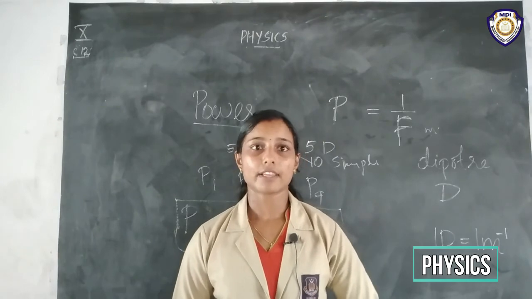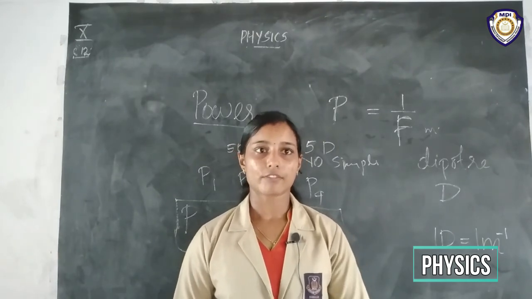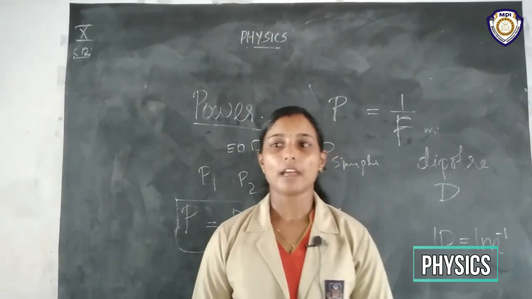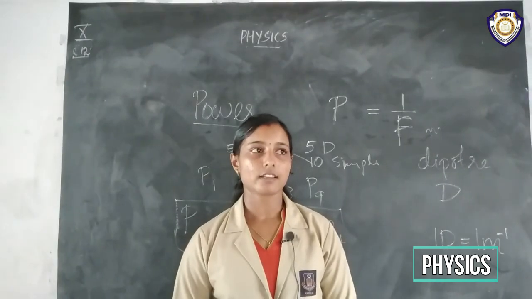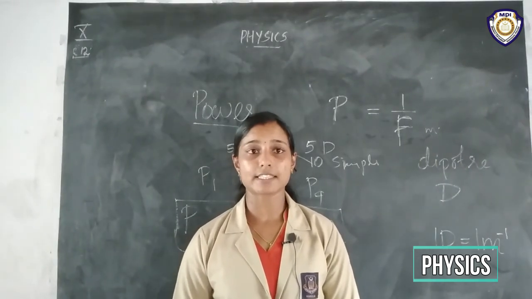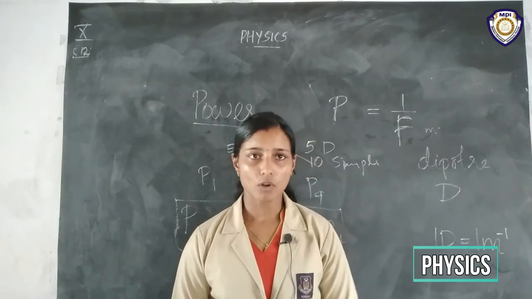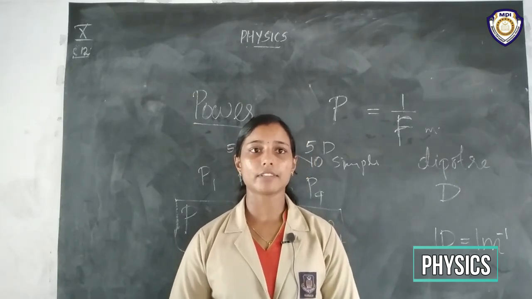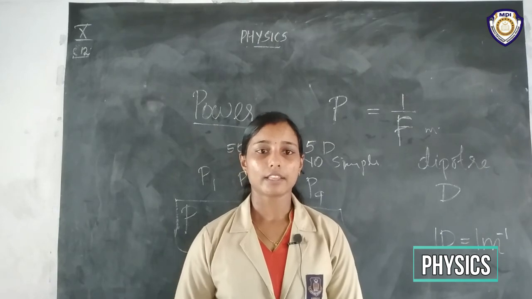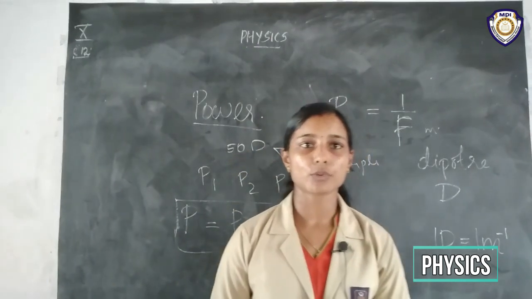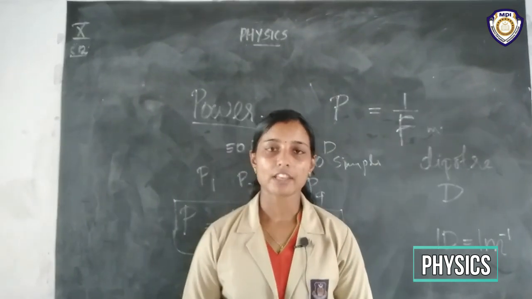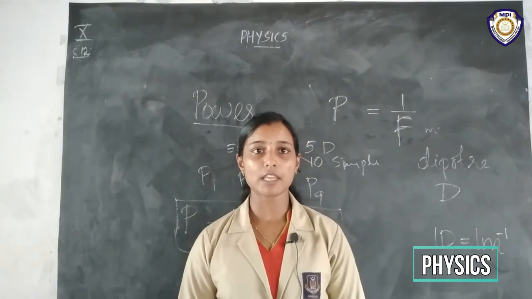Then we came to refraction through a rectangular glass slab, refractive index, optical media, optical density, and many other things, right? I think all the things that I have taught you are clear to you, and if you have any doubts you can ask me.